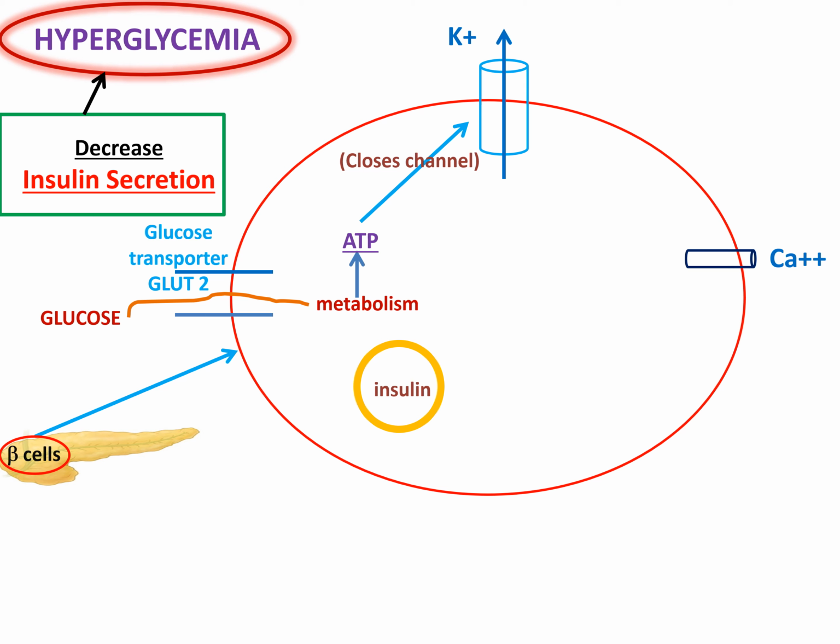Closing the potassium channels will lead to accumulation of the potassium inside the cells. Because it is positively charged, that will be leading to a depolarization.